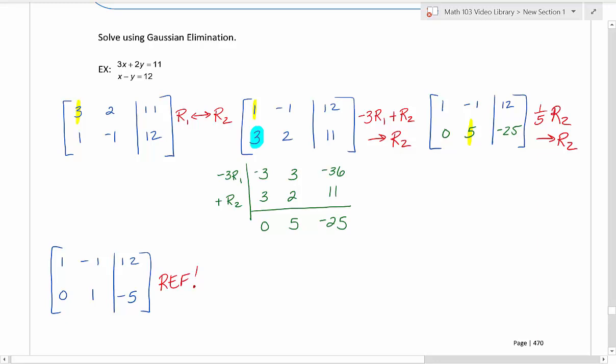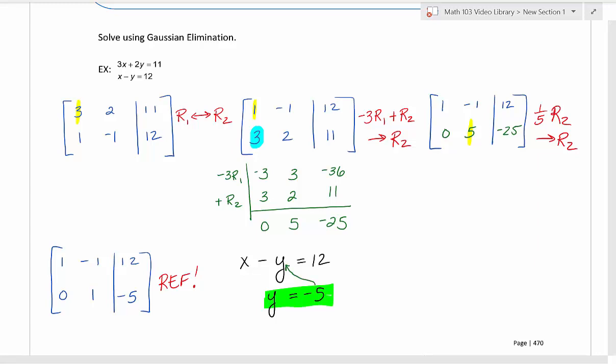At this point, we want to rewrite the equations that go with this augmented matrix in row echelon form and back substitute to solve. Our equations will be x minus y equals 12 and y equals -5. We already have one solution, y equals -5. I'm just going to take that -5 and plug it into the other equation for y and solve for x.